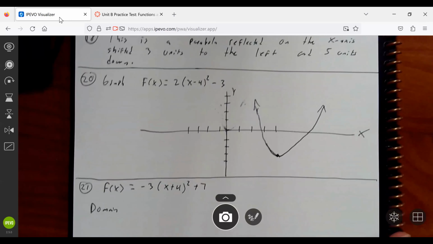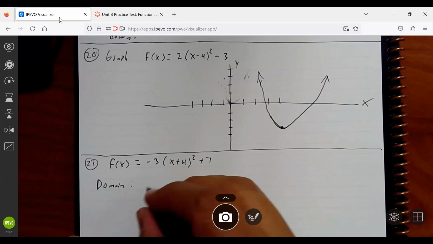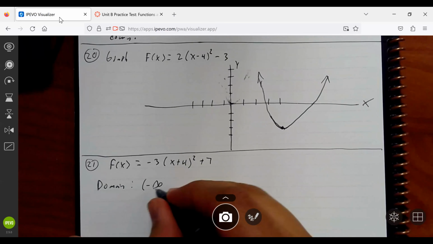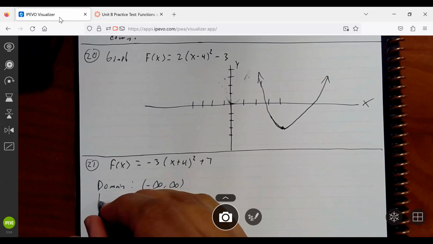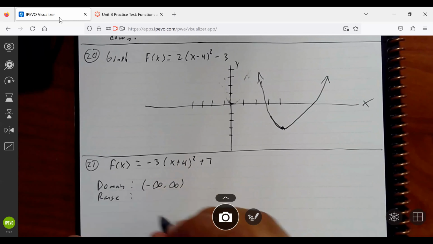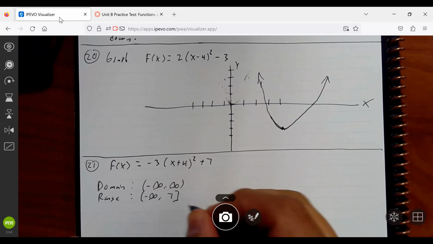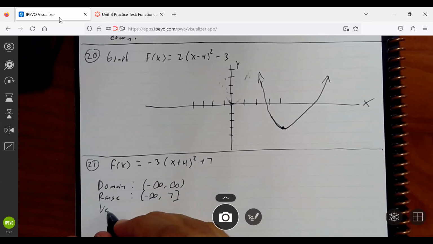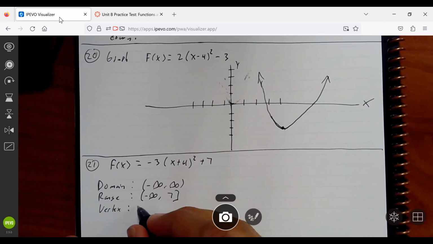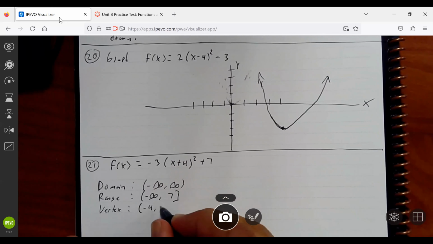So domain, negative infinity to infinity. Range is negative infinity to 7, bracket. Vertex is negative 4 comma 7.